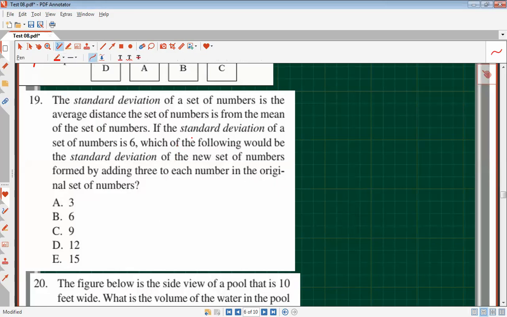Here they say if the standard deviation of a set of numbers is number 6, which of the following would be the standard deviation of the new set of numbers by adding a 3 to each number in the original set of numbers.